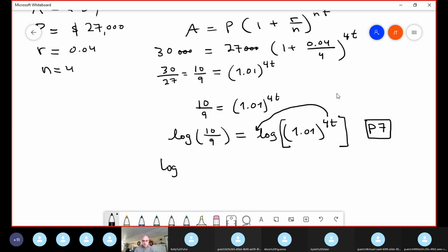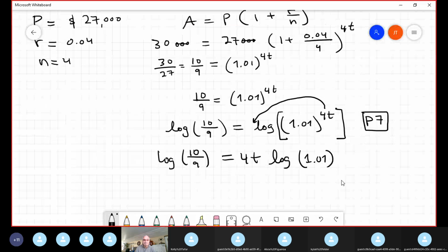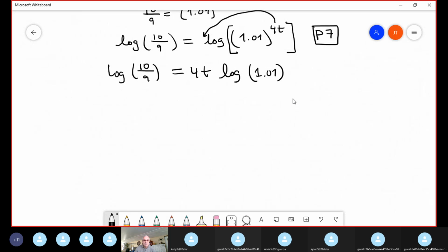So log of 10 over 9 equals 4t times log of 1.01. Therefore t, which is my goal, is log of 10 over 9 divided by 4 times log of 1.01, because I want to isolate t.